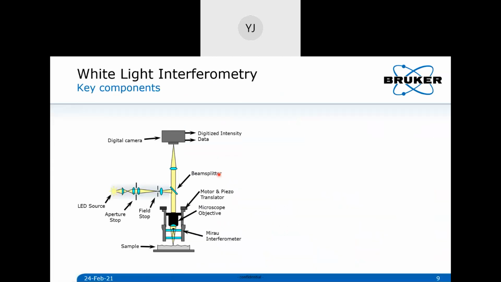So what is white light interferometry? Basically you're creating an interference pattern, and from that pattern you calculate the topography, or the 3D nature of your surface.